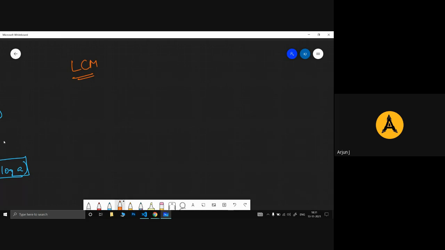So what is LCM? It is the least common multiple of two numbers A and B. So how do we find this? For example, let the factors of A be A, B and C, and the factors of B be C and D. What will be the least common multiple of A and B?